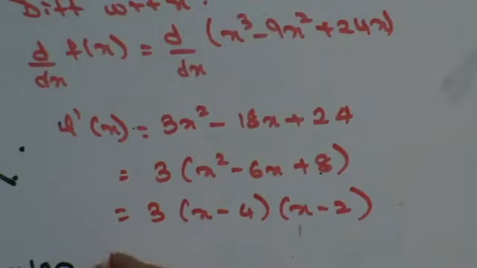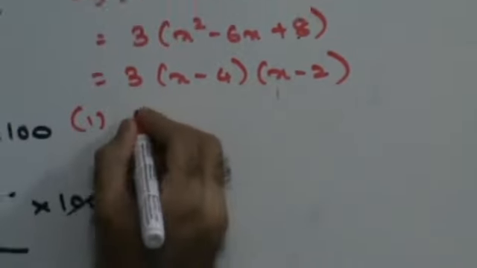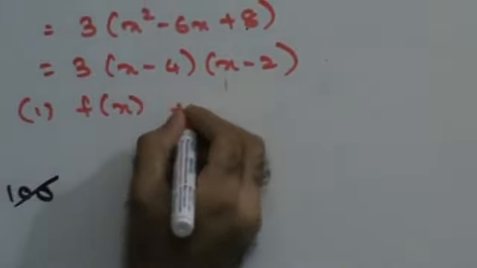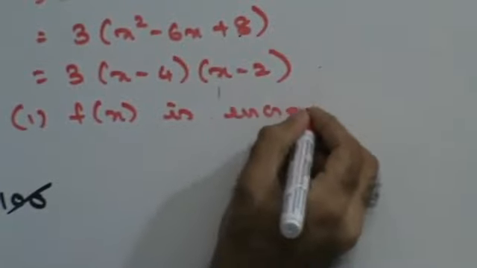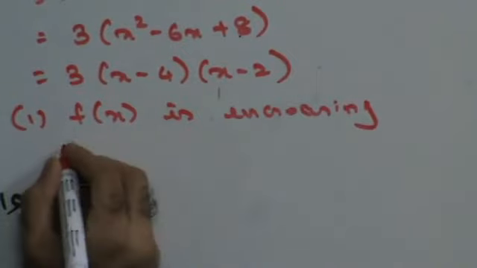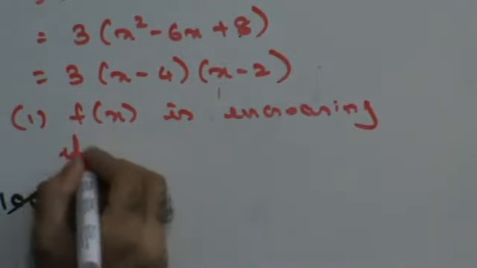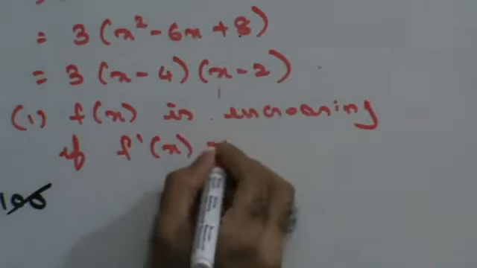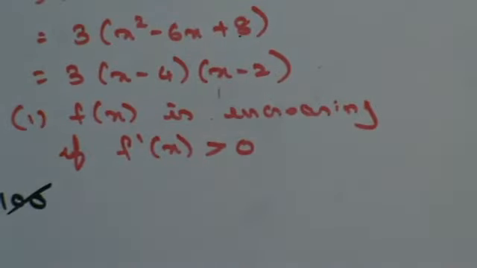Now coming to the first part of the question, f of x is increasing. I want the function to increase. Now when will the function increase? The function is increasing if the first order derivative is greater than 0. Any function will be an increasing function if the first order derivative is greater than 0, right?